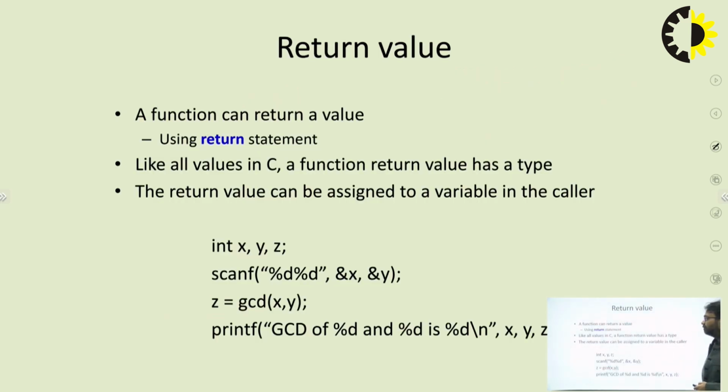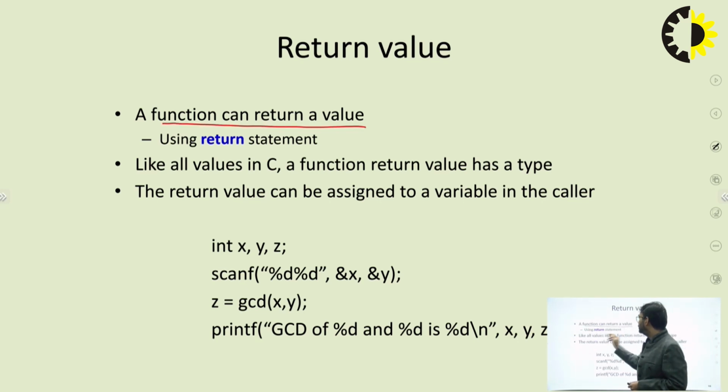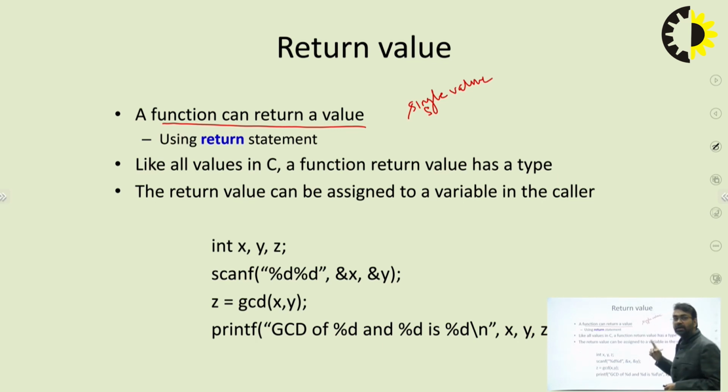Now, return value. A function can return a value, or we can say it can return a single value only, to the calling function. It is not necessary that every time we have to return a value. If a function does not return anything, at that time we have to declare the function as void.